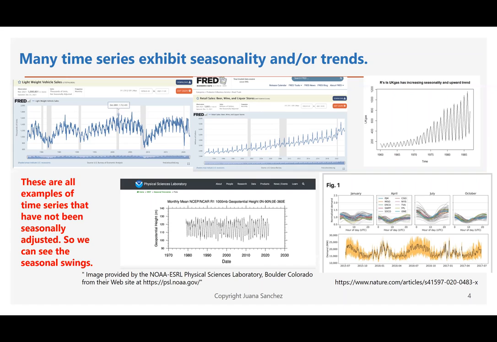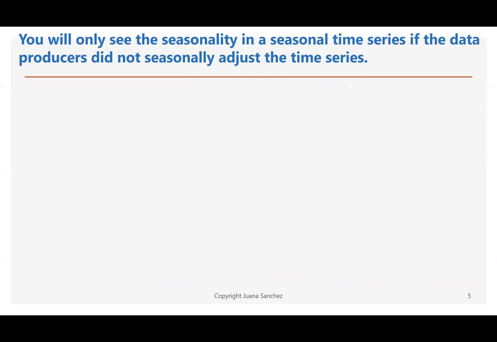These are all examples of time series that have not been seasonally adjusted. So we can see the seasonal swings. You will only see the seasonality in a seasonal time series if the data producers did not seasonally adjust the time series. That is, if they did not remove the seasonal effect.